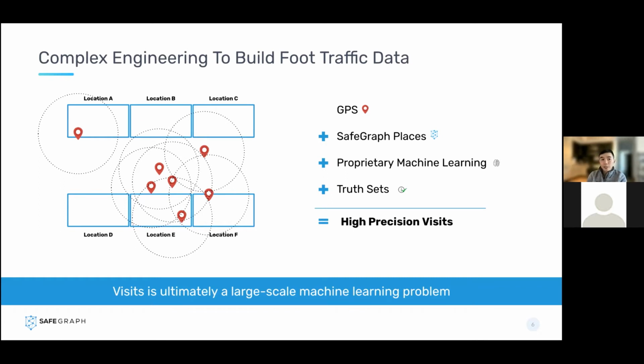And it can be a little tricky to figure out which locations these pings visited. So in this toy example, these red dots represent GPS pings, and then the different blue boxes represent potential places, business listings or parks or different types of places that the devices could have actually been visiting.